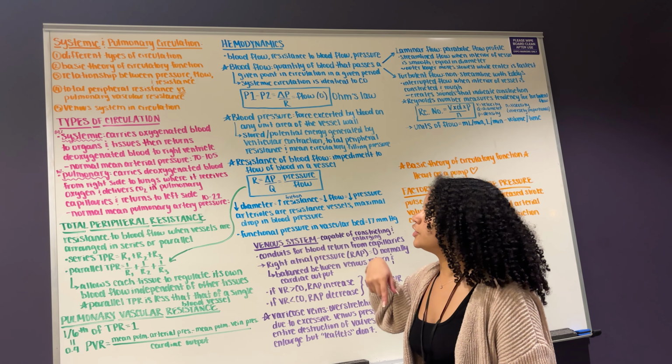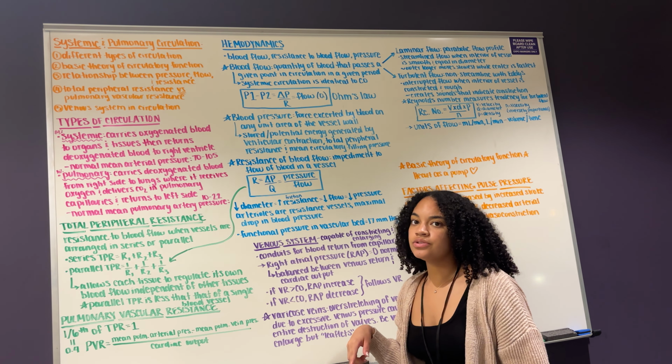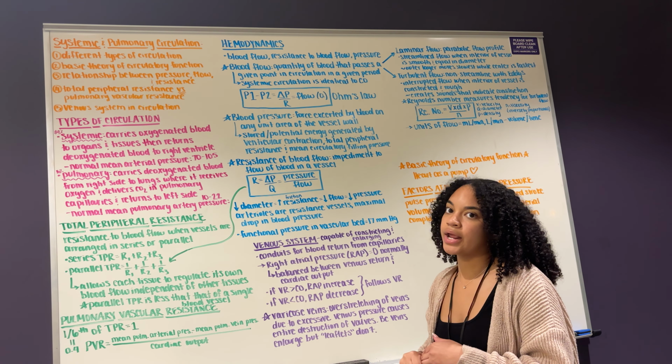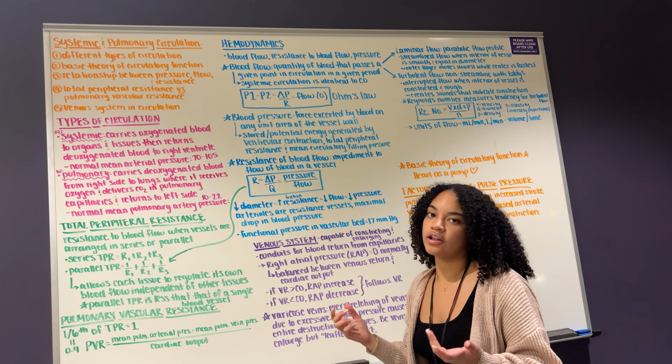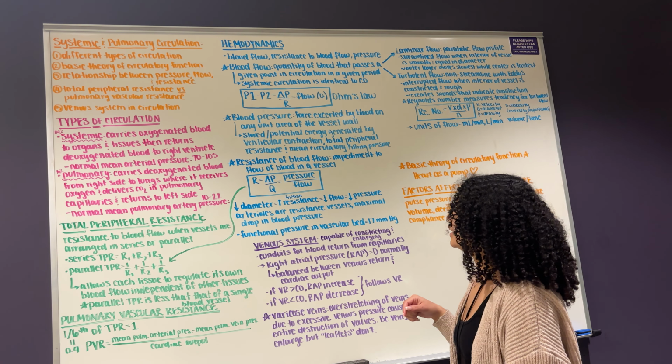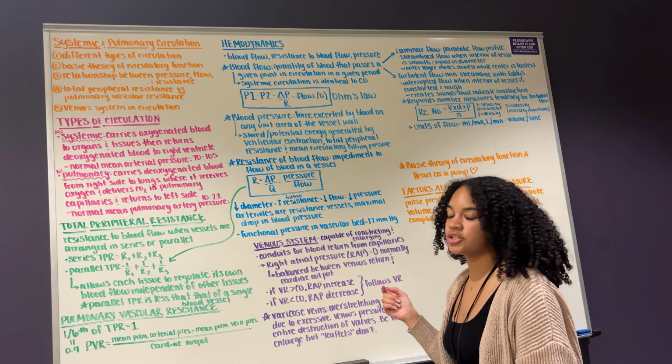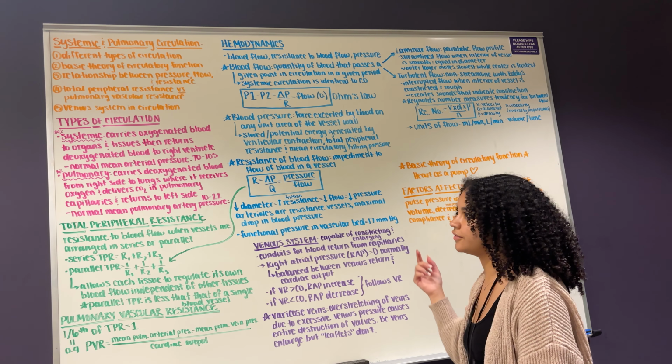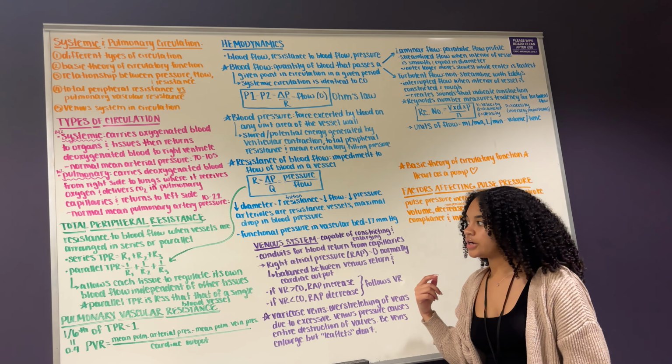And then we also need to know that arterioles are resistance vessels. So since they're so small, they create a lot of resistance. Since they're creating all that resistance, you're going to decrease your pressure. And then the regular functional pressure in your vascular bed is around 17 millimeters of mercury.